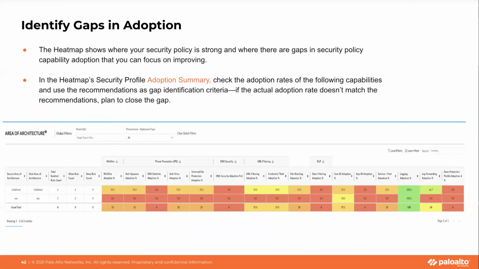These heat maps help you identify devices, zones, and areas where you can improve security policy capability adoption. And in the heat map security profile adoption summary, you can check the adoption rates and capabilities.